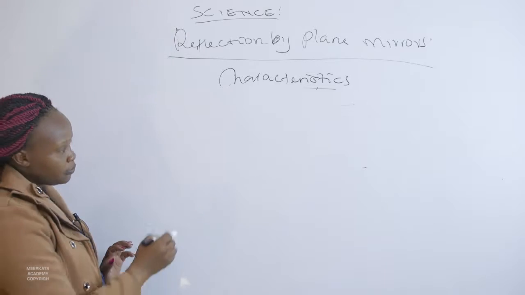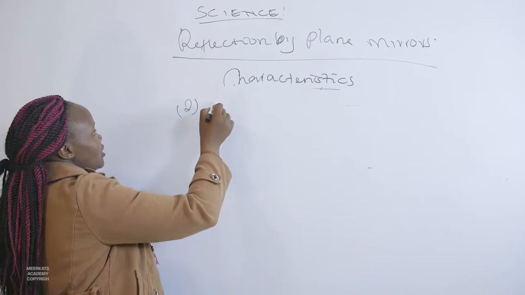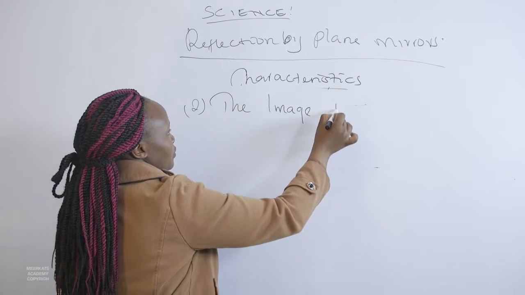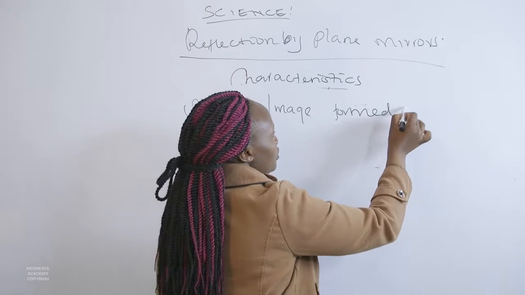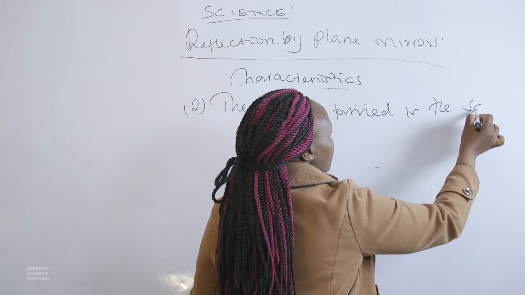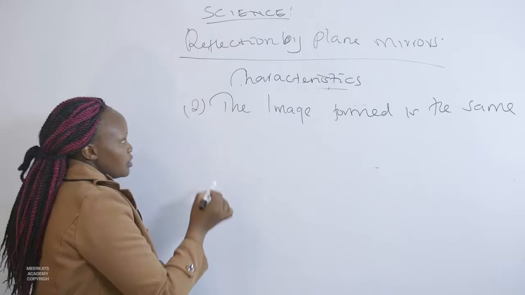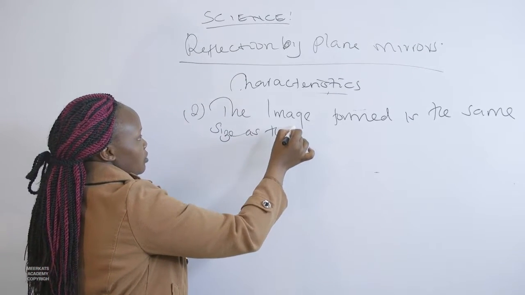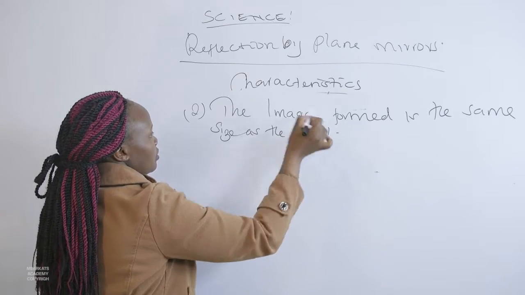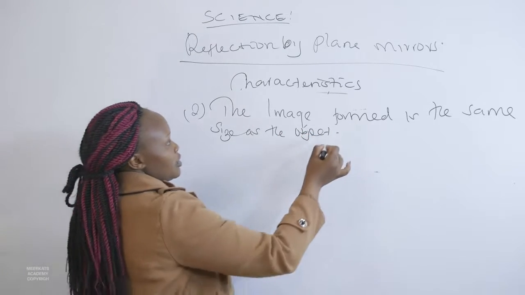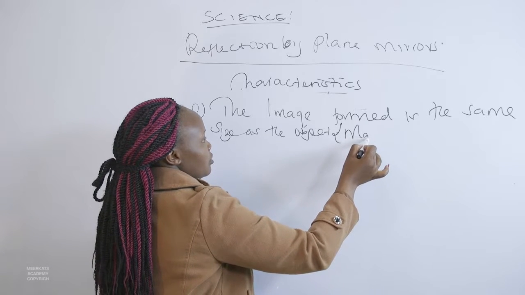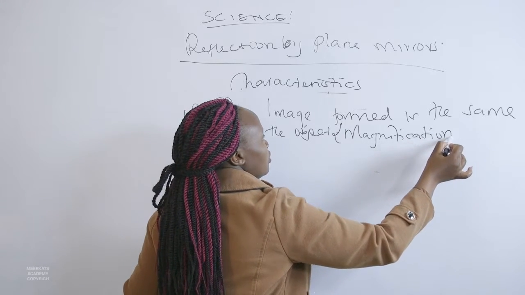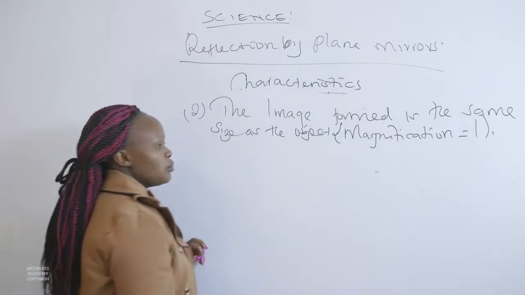Number 2 is that the image formed is the same size as the object. In other words, we can say magnification is equal to 1.